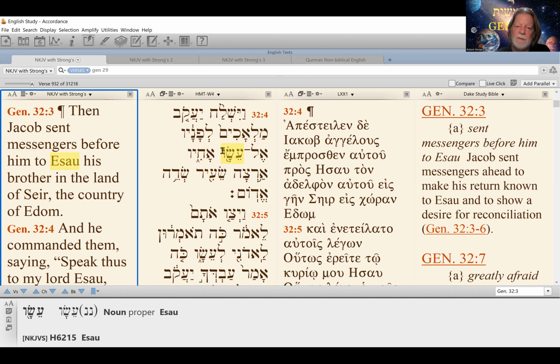It's this letter right here that I'm waving the pointer over. I call it a vav, which is a V sound. But the majority of scholars call that a wow, a W sound. And so that kind of accounts for the difference in pronunciation, whether it's Esau or Esav. I say Esav, and every Jew on the planet agrees with me.